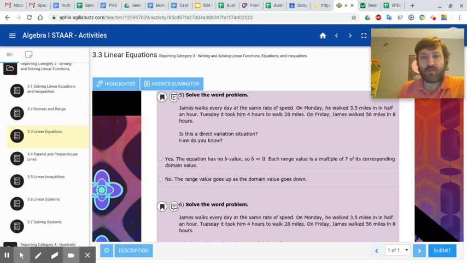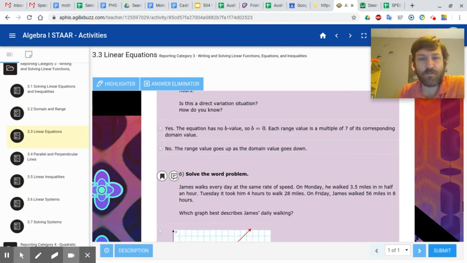And it also says this thing about having a b value, b equals 0. What that's talking about is the fact that he starts at 0 miles. He isn't starting from some point in the journey. His starting point is 0. So that's why it is a direct variation situation. But the main idea there is that when one goes up, the other goes up. When the hours go up, the miles go up, not the opposite.